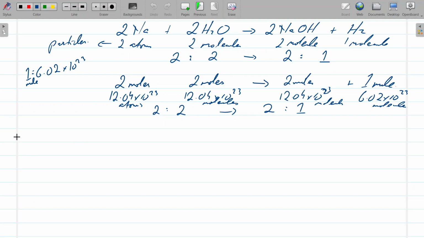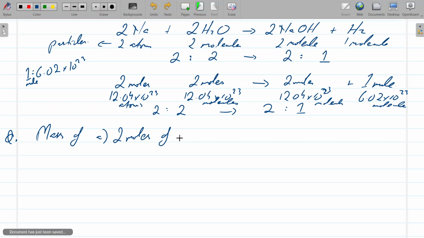Now, similarly, we have a question where they're asking you what is the mass of two moles of iron and 0.25 mole of iron.